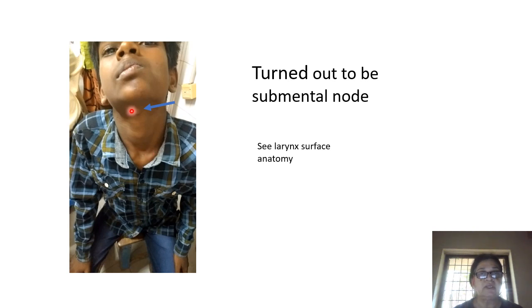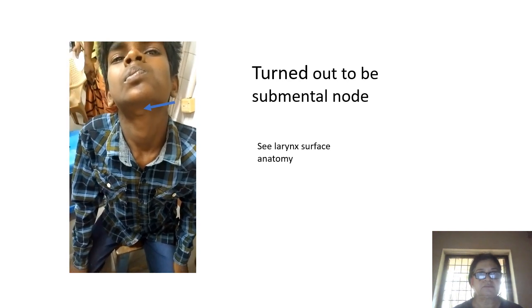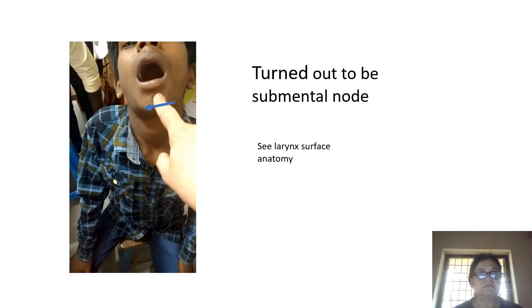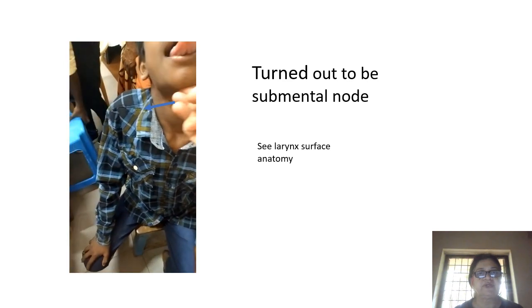This is your swelling, which turned out to be a submental node. Either on the node you picked up on an ultrasound, or you did an FNAC and you found out it's a node. It's also moving, see?